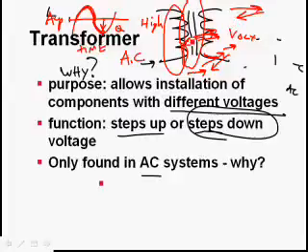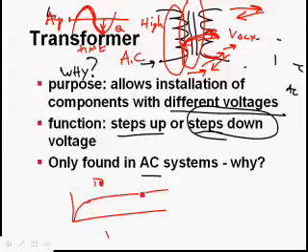So the only way we can keep these lines of flux continually expanding and collapsing, so we have crossing of these wires and electromagnetic induction, is to continually vary the amps. And in an alternating current circuit, we continually vary the amps. If we have a DC circuit, for that first thousandth of a second the lines of flux will increase as the amps do, but after that, it's constant.